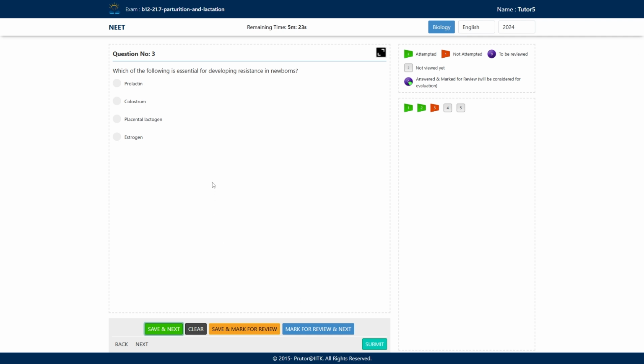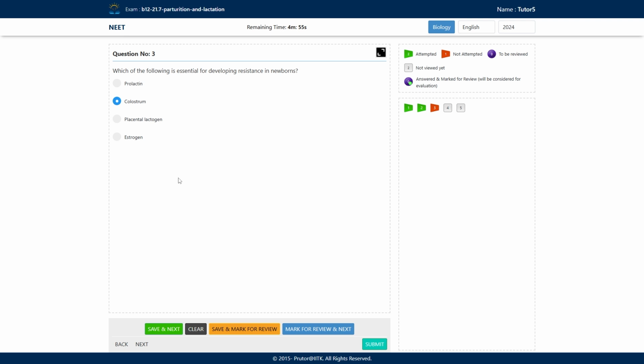The correct answer here will be colostrum. Colostrum is the mother's milk produced in the initial days. It is yellow, quite thick, and it consists of vitamins such as vitamin A, vitamin B12, and vitamin K. It also consists of antibodies.